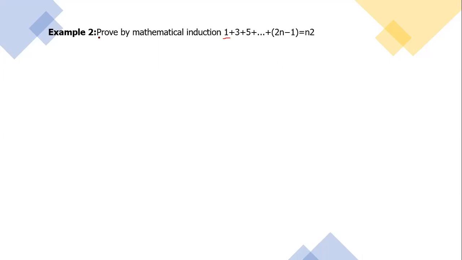Another thing you have to note: here the problem says prove. So they informed us to prove that both the things are equal. Already from the problem statement, we know both the things are equal. We are just trying to prove that.